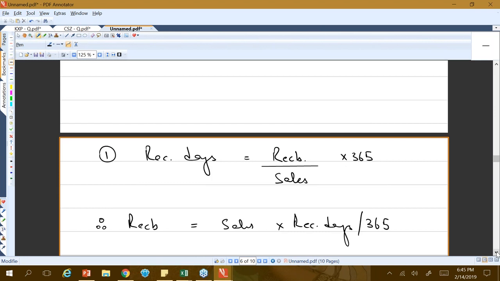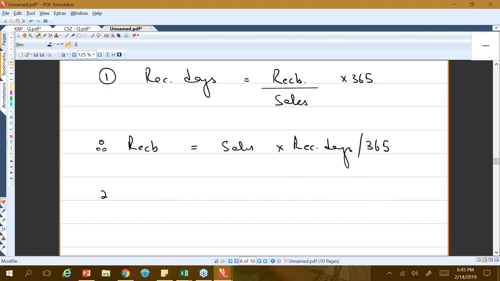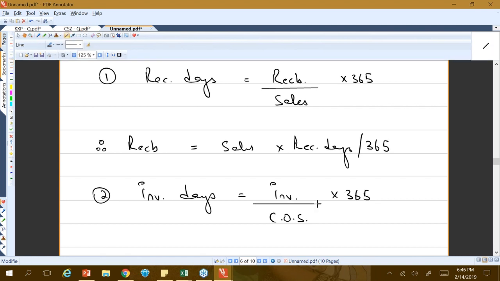Now, I can do the same thing with inventory and the payables, because I know that the inventory days are inventory balance over the cost of sales into the 365. So how can I find the inventory balance? Well, I'll do the same thing.